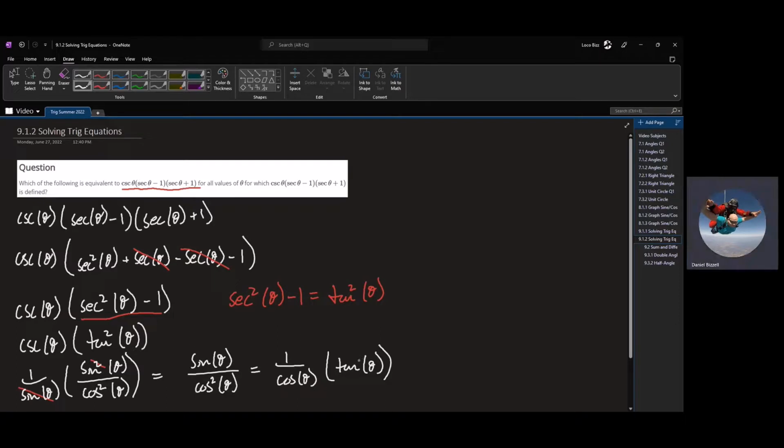We've only got just a tangent theta, not a tangent squared theta. And then the last step would be to use the reciprocal identity to turn this into a secant. So our final answer is secant theta tangent theta. And this would be our answer.